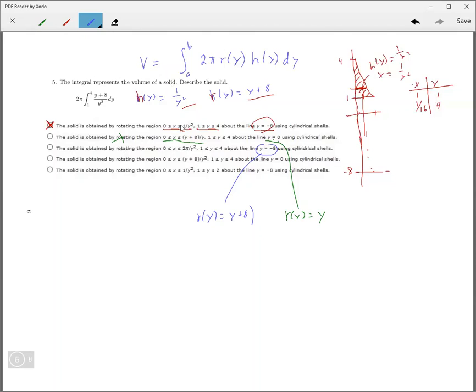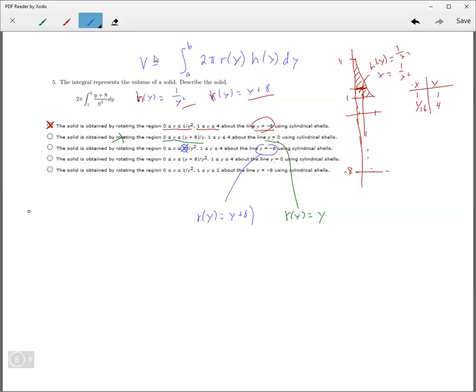So the first and the third one are the same, except for there's this 2 pi here, and that would mess things up because the 2 pi is built into the formula. This one would give you an extra. It would be 4 pi squared if it was this one. Okay, and let's see.